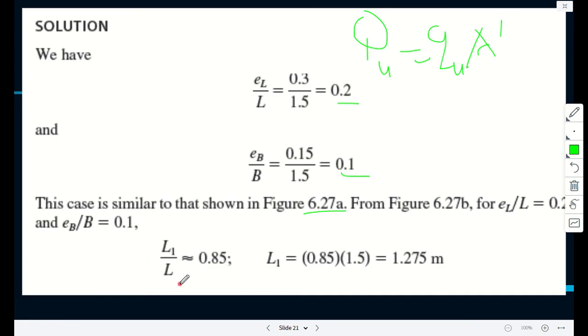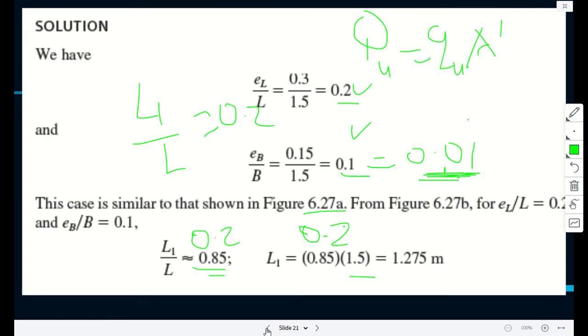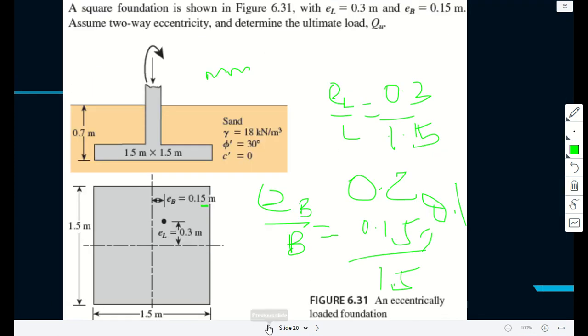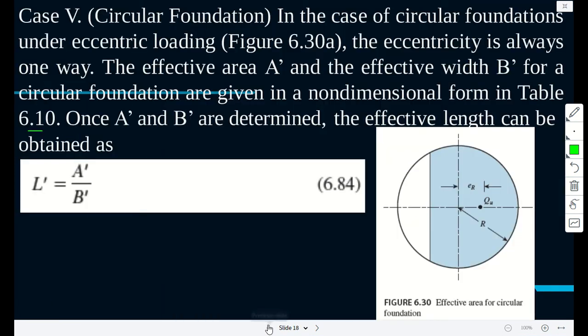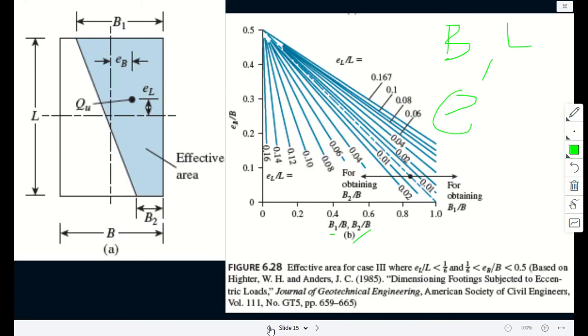L1 over L is 0.85. Just a minute. Yeah, and then L2, again the same thing. Just a minute. So please note the following.